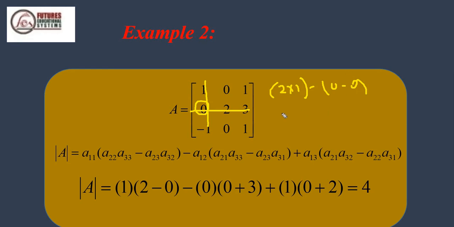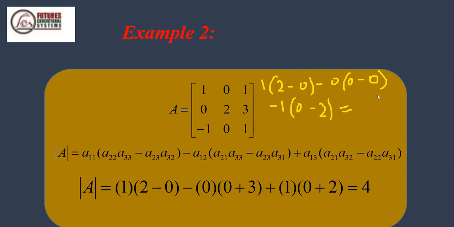It gives 0. Negative 1 gives 4. What do you notice? The same result. So I can choose this row or this row or this row, or this column or this column or this column, and apply the rule of determinant.